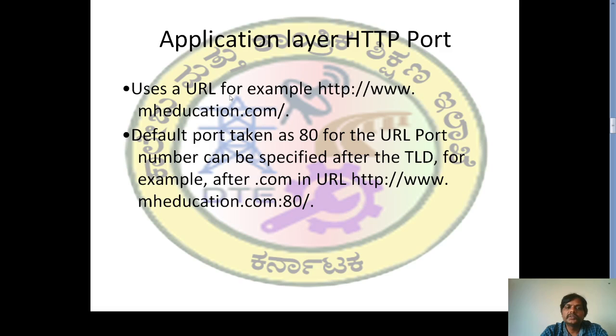Okay, so this is a URL. The default port is taken as 80 for the URL port, and that can be specified after the TLD. For example, after this URL you use a colon and 80. That is specifically for the HTTP port.